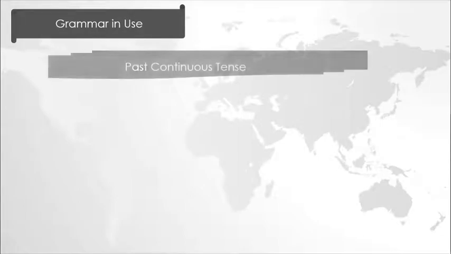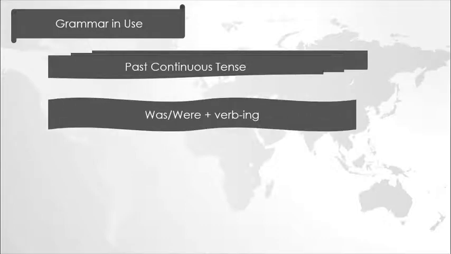Students, the very first tense is past continuous tense. And let's see what the structure is. Structure is was, were plus verb plus ing. Now it says that you have to put either was or were with verb plus ing.